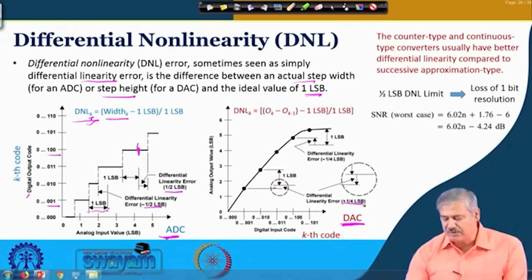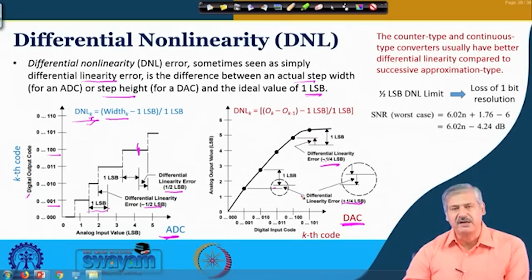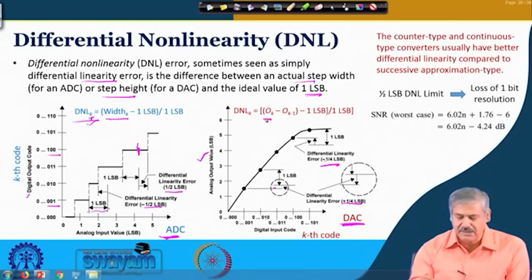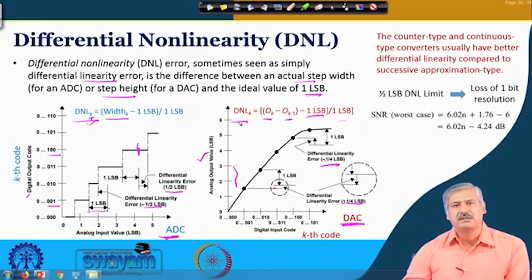So, this is plus 1 upon 4, magnified, and in this case it is less than that, so this is minus 1 by 4 in this representative diagram. The analog voltage for the kth code minus the analog voltage for the k minus 1 code gives you the step height, then minus 1 LSB, the ideal value, divided by 1 LSB. That is your kth DNL for the DAC.